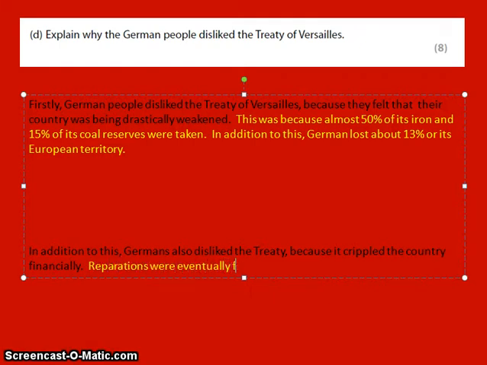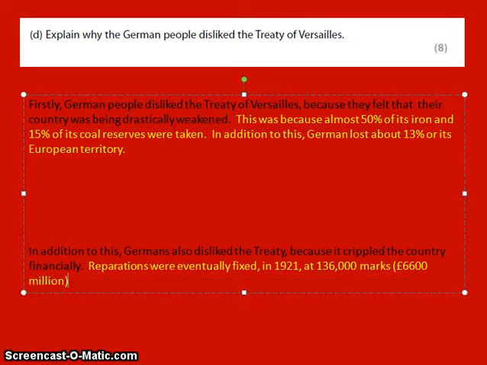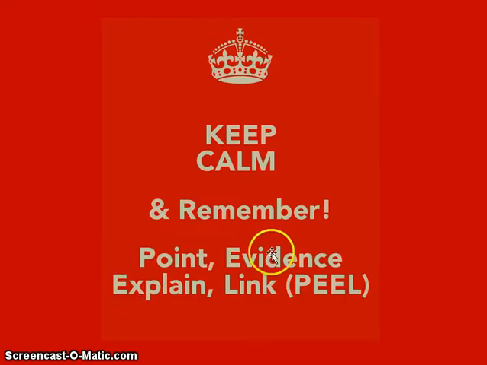Reparations were eventually fixed in 1921 at 136,000 marks. And you might want to add in there the equivalent of that figure. Okay, so we've ticked our first 2 boxes here. We've made 2 points and we've provided evidence. What we need to do now is go and explain. This is the crucial part of this question.